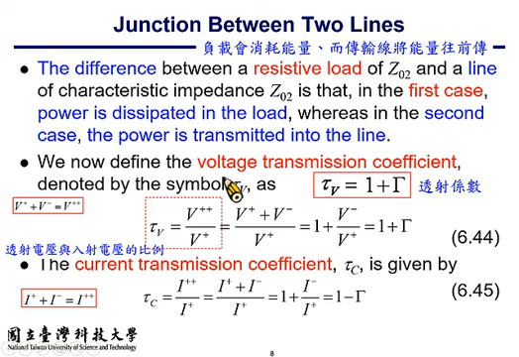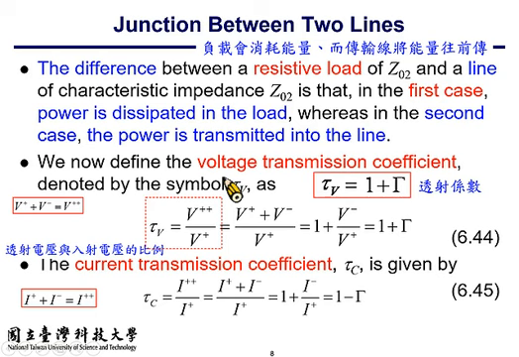So it should be easier to memorize the definition of the transmission coefficient, which is what? Which is V double plus over V plus. Okay, so we are expressing the transmission coefficient in terms of voltage. So that will be the transmitted voltage V double plus over the incident voltage V plus. And remember that our first boundary condition at the interface is the voltage on the two sides should be the same.